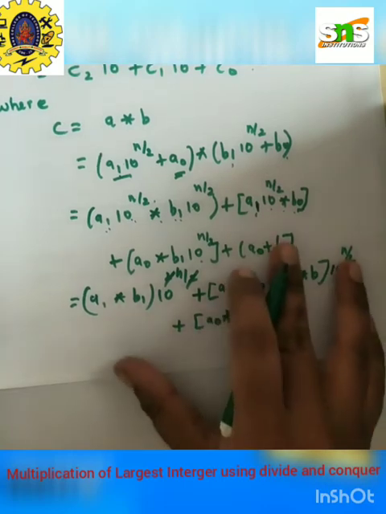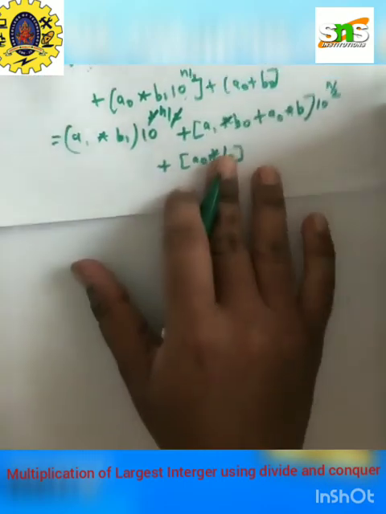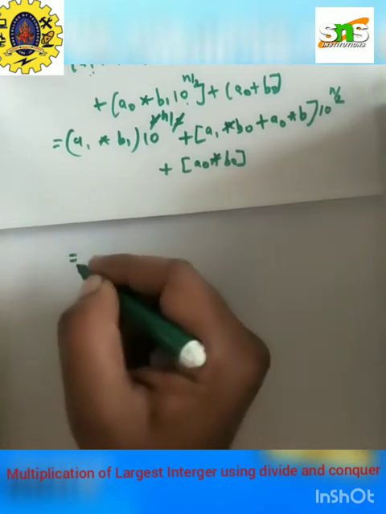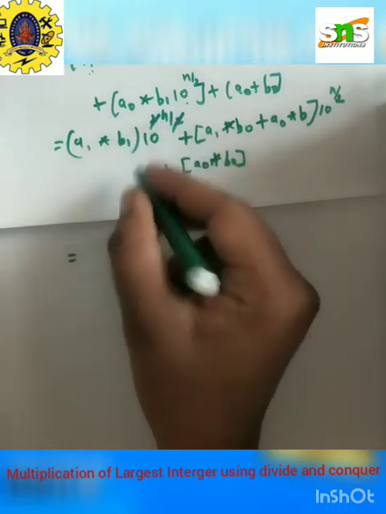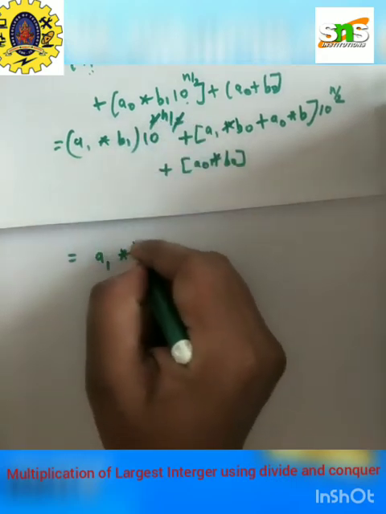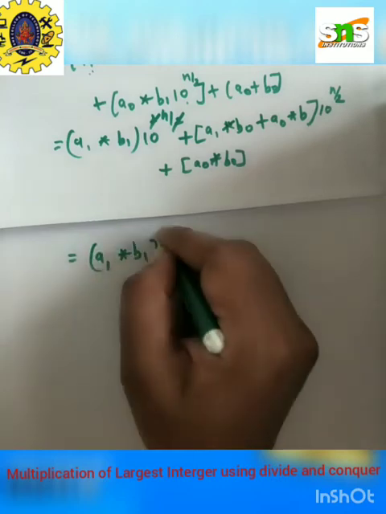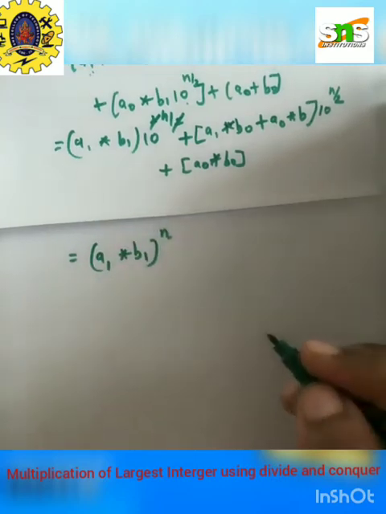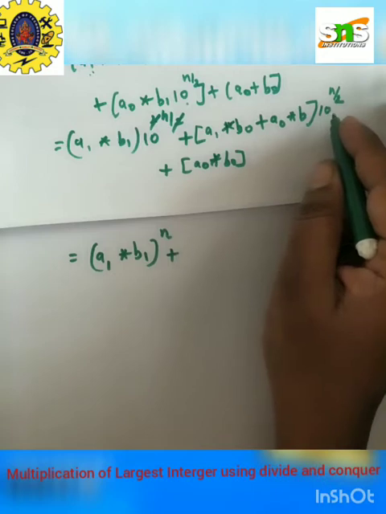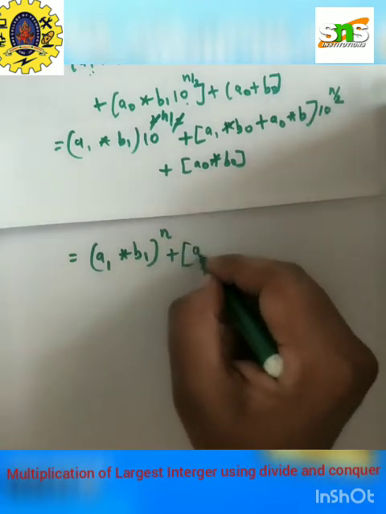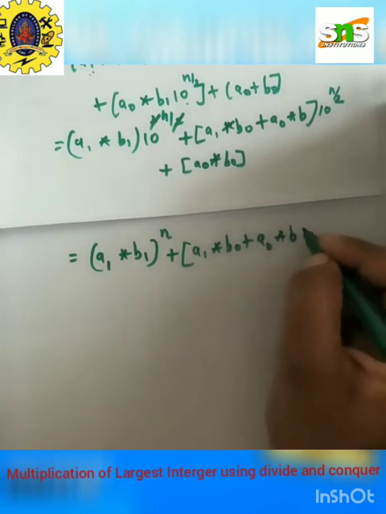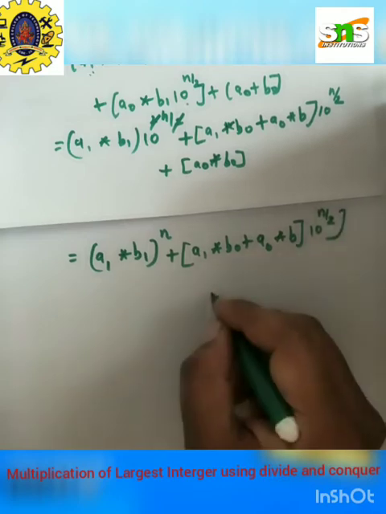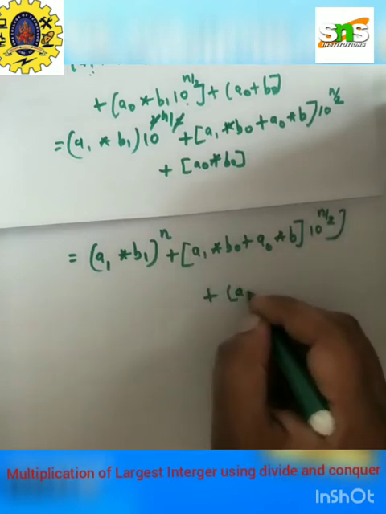Okay, again I am going to simplify the term. This term is equal to a1 star b1 10 power n, plus you can write a1 star b naught plus a naught star b1 into 10 power n by 2 plus a naught star b naught.